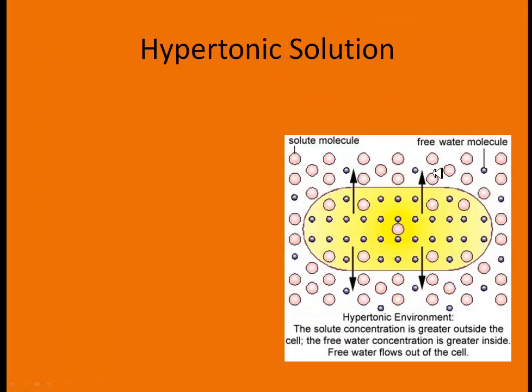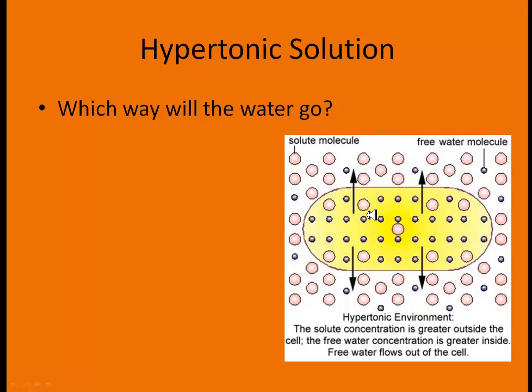Okay, the three types of solutions we're going to talk about. First one is hypertonic. Hypertonic is anytime the solute concentration is greater outside the cell. And so basically the pink things are the solute, and the little blobby things inside of them are free water molecules. And because water is more inside the cell, intracellular, than it is outside the cell, extracellular, water molecules will move out. So this is a hypertonic solution.